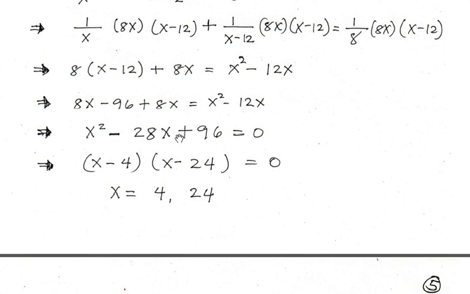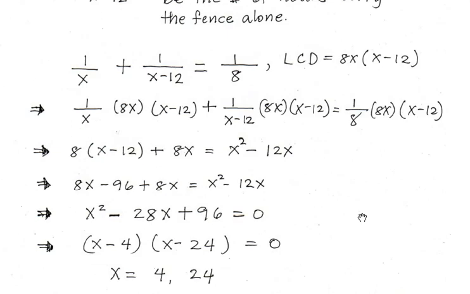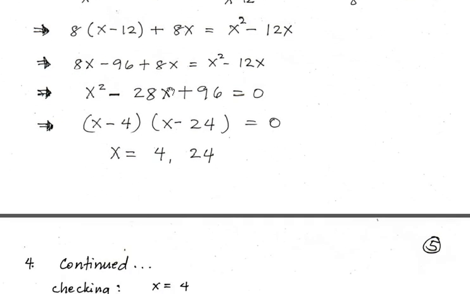That becomes here negative 28x. And the negative 96 here will become positive 96 when transposed, leaving the left-hand side 0, and swapping, we have this term. We ended up with a quadratic equation from a rational equation. Then this can be factored as quantity x minus 4 and quantity x minus 24 equals 0. Solving for x, we have x equals 4 and x equals 24.